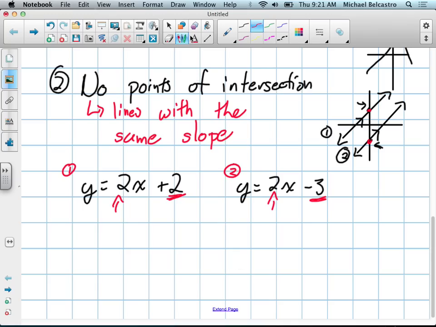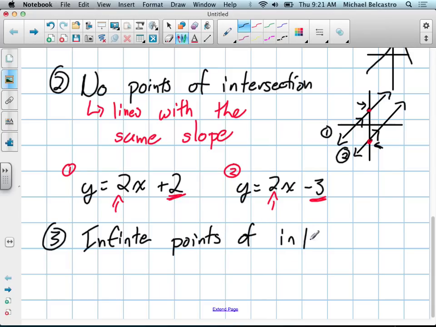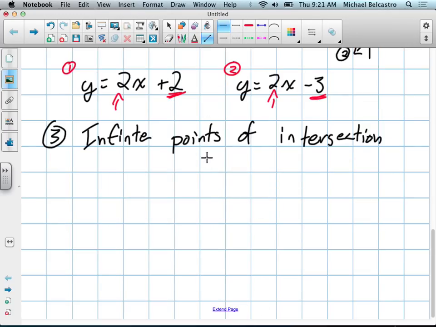And finally, our last option is called infinite points of intersection. Infinite points of intersection. All right? Make this one a little bigger.